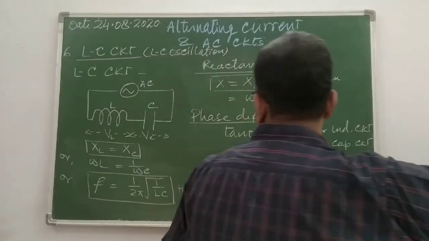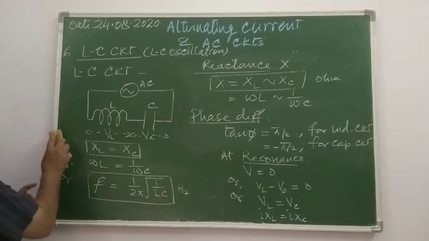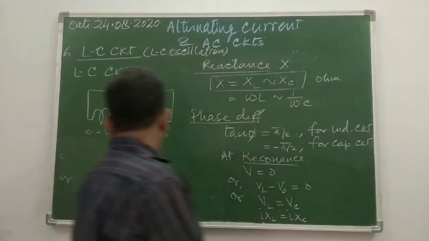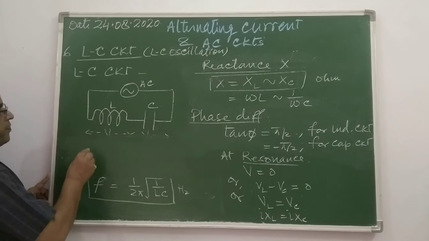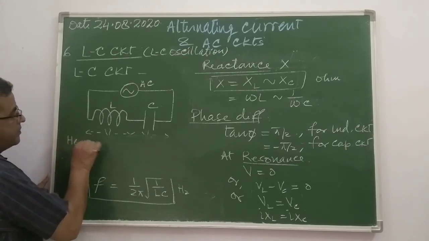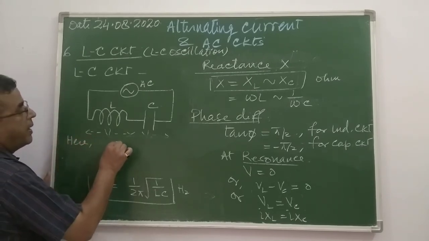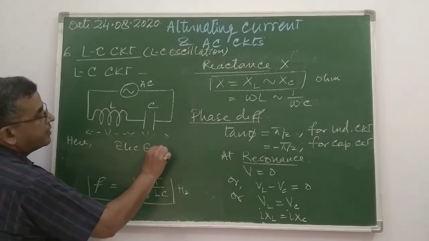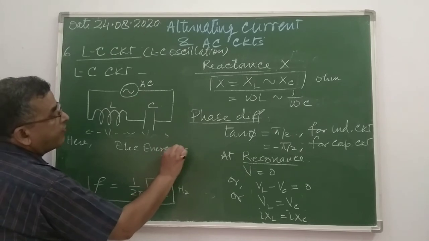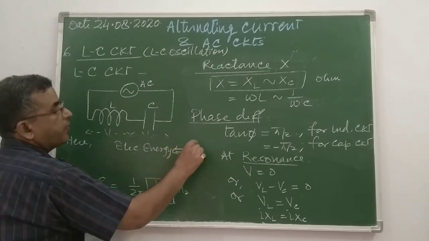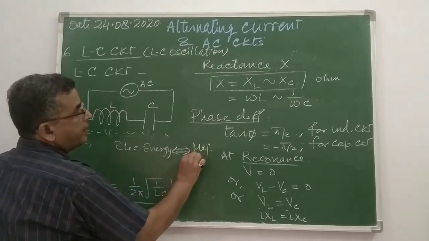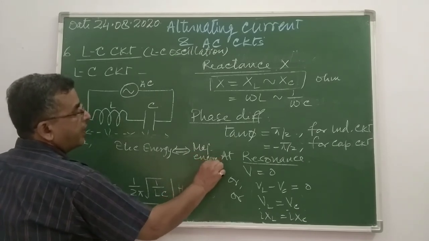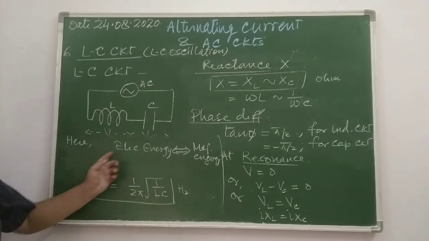So these are called the LC oscillations. So here electrical energy is converted into magnetic energy, or magnetic energy into electrical energy.